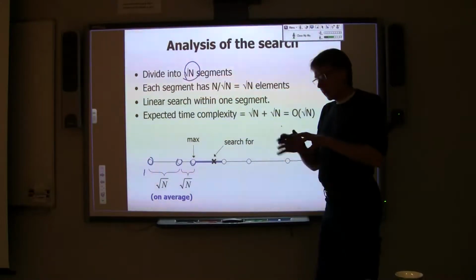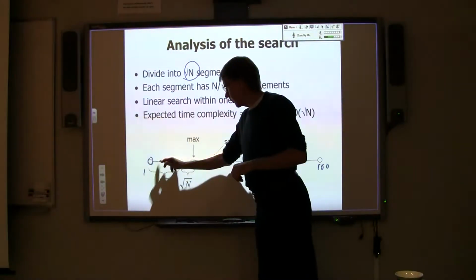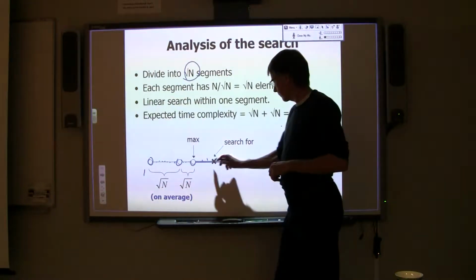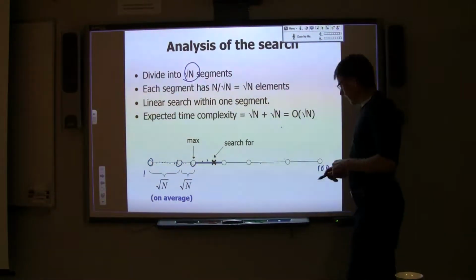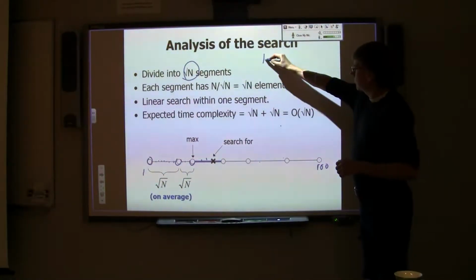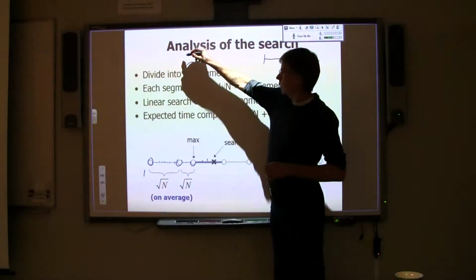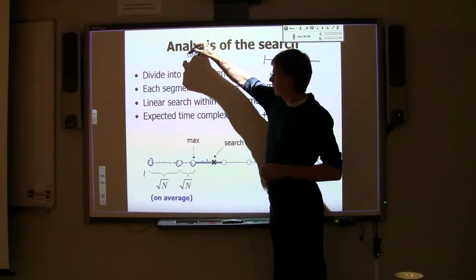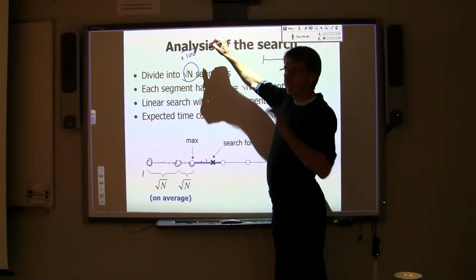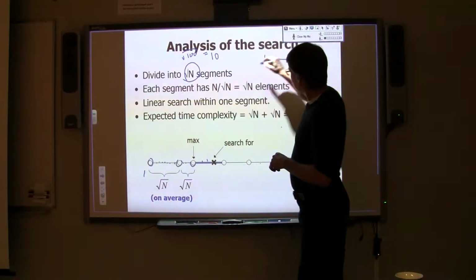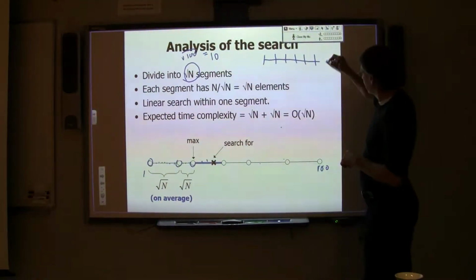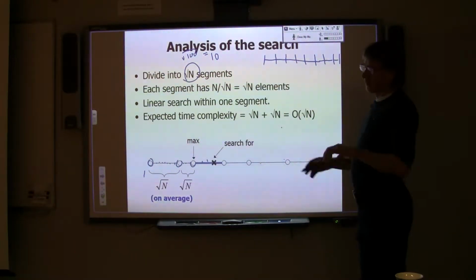And let's assume that I have really sorted, so I have all the numbers here in this slot. And now, basically what I want to do, okay, how much is square root of 100? 10. So I divide it into 10 segments, if I know how to divide it equally.